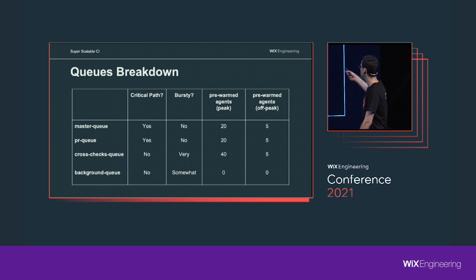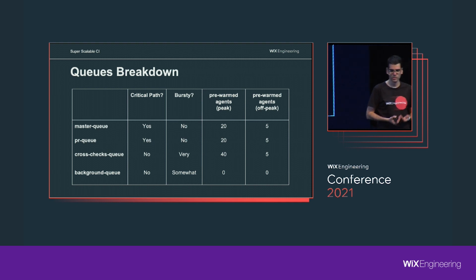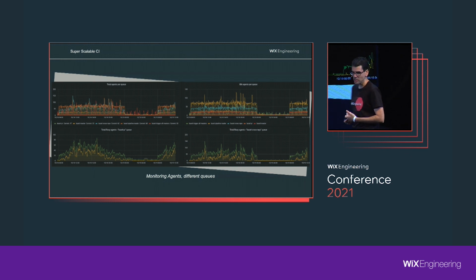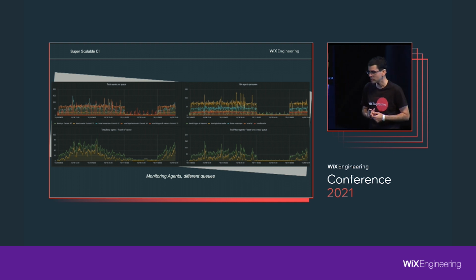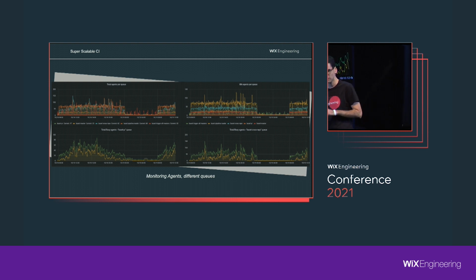So, you know, we could just throw some numbers up in the air, but how do we know that our numbers are accurate? The answer is obviously monitoring and BI. We are religiously monitoring almost every aspect in our CI system, and that is no different. Behind me, you can see graphs of monitoring the number of total agents, number of idle agents, number of busy agents per queue.